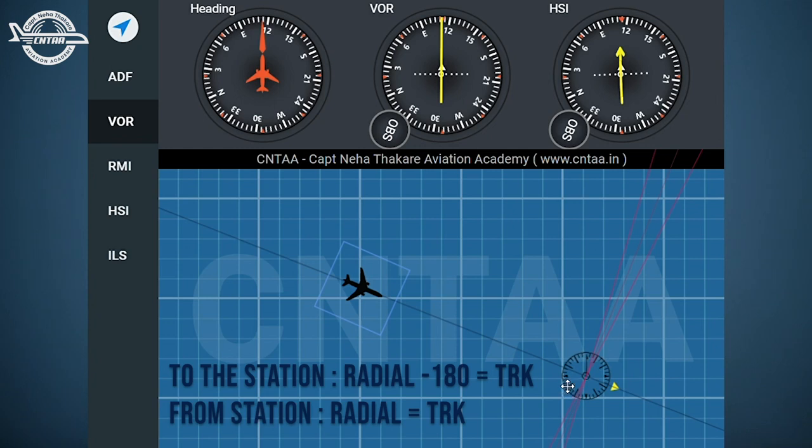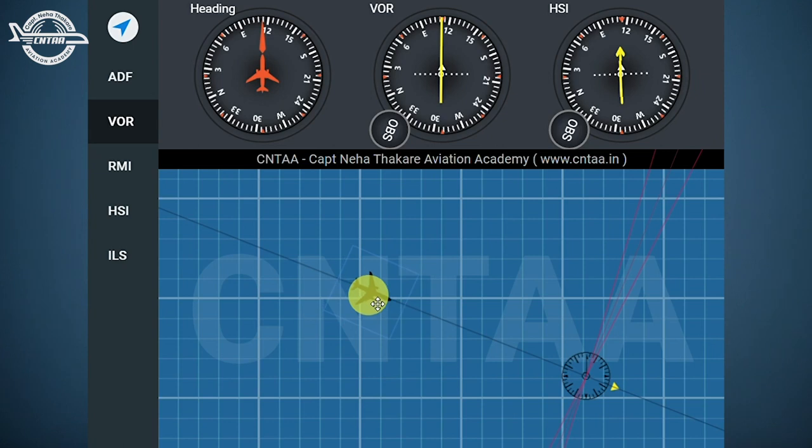As you know, great circle track changes direction on an airway. Hence, OBS needs to be changed to 114 in this case. Adjust heading accordingly to stay on center line of airway. Now the indications of VOR would change to TO and CDI would be in the center.